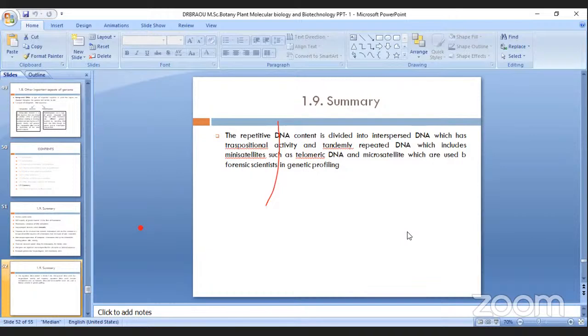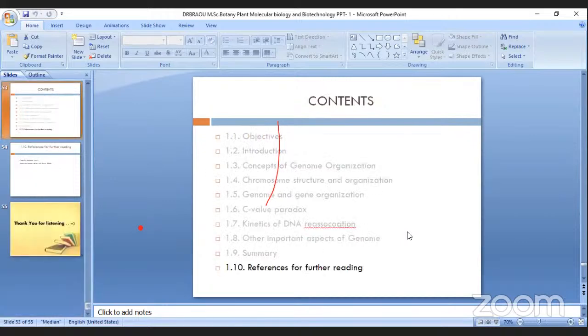This includes mini satellites and microsatellites, such as telomeric DNA in mini satellites. Microsatellites are generally used in forensic science. Forensic scientists use microsatellites in genetic profiling. So this is all about the summary.